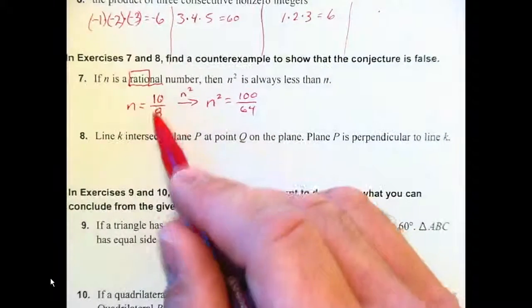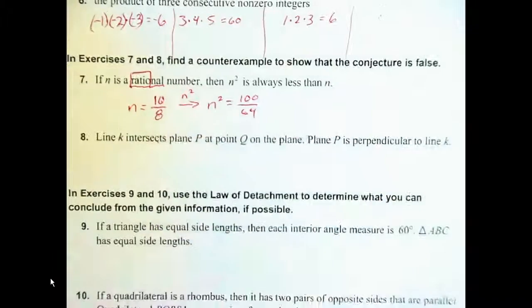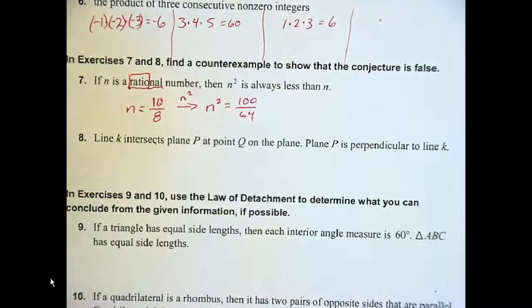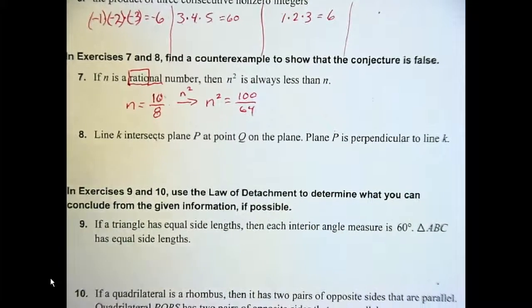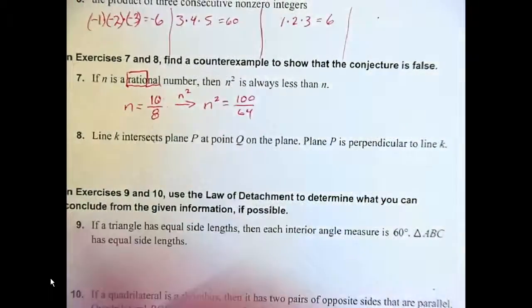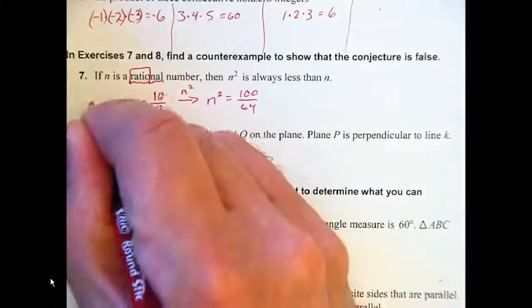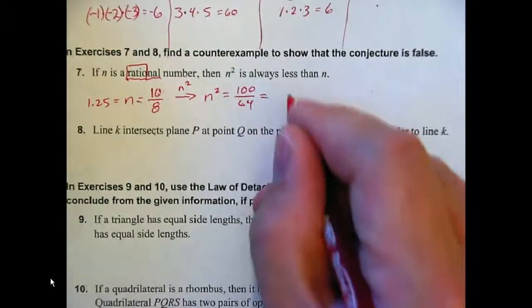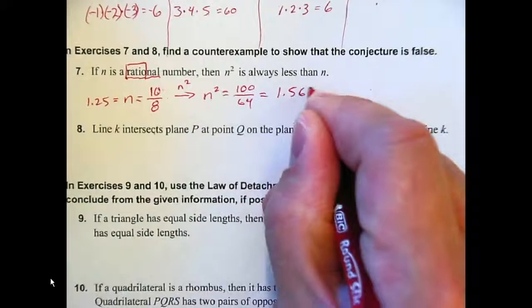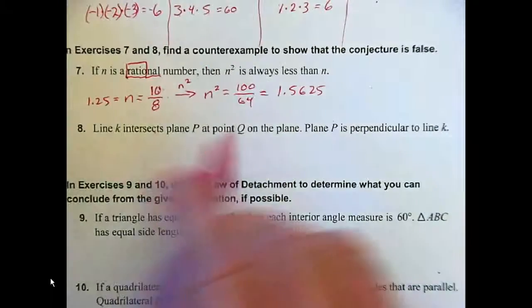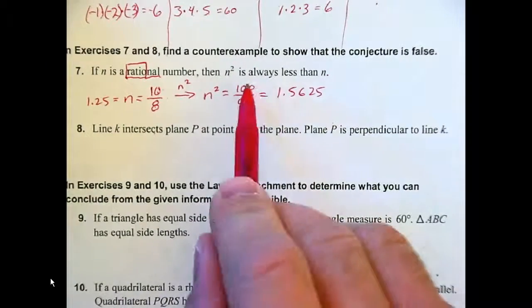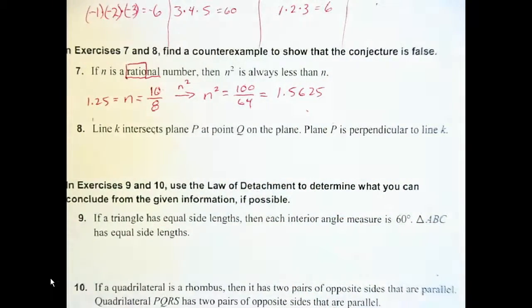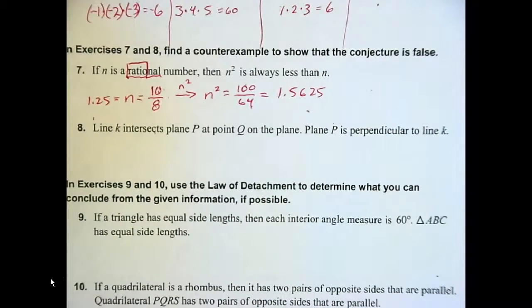So what is 10 divided by 8? 1.25. Okay, 1.25. And what is 100 divided by 64? All right. Therefore, that's a counterexample. n squared is bigger than n. Okay, good.